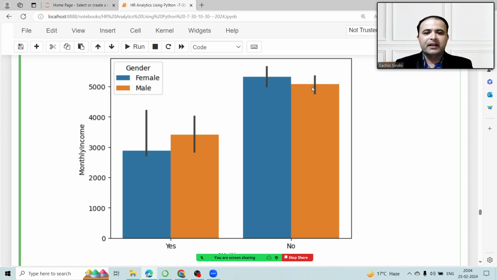So males left the company a little more compared to females. The male income is high, yet they are quitting, while female income is low but they are still not quitting. You can analyze whether male attrition or female attrition is high. It depends on you.